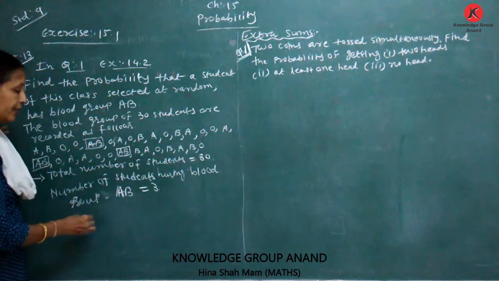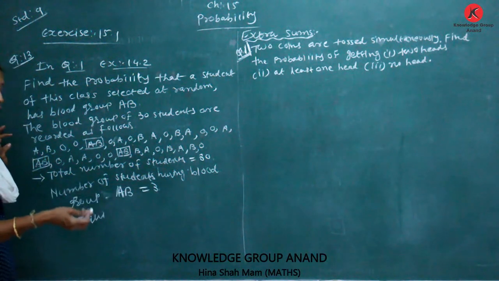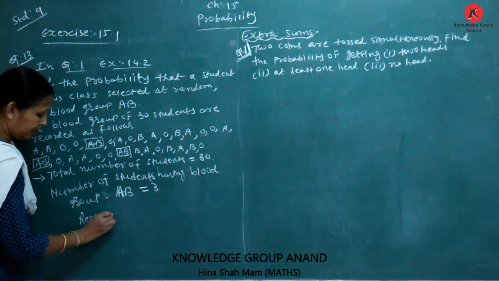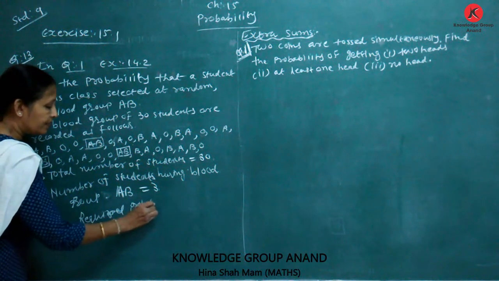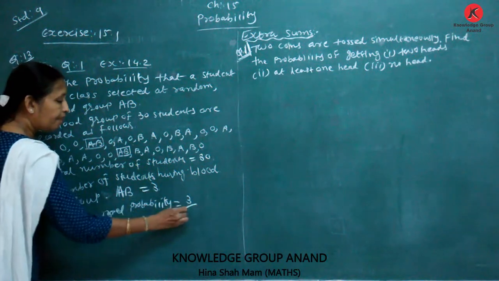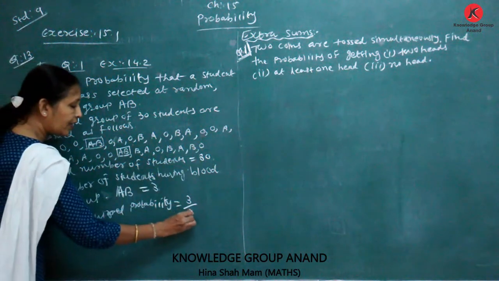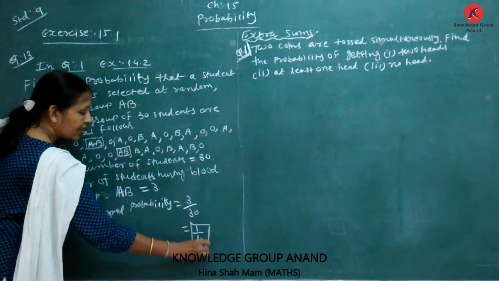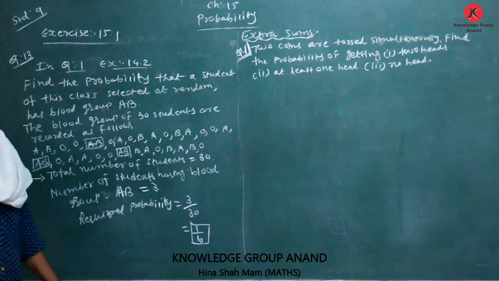Then the required probability, the probability of students having blood group AB, is equal to 3 by total number of students, which is 30, that is 1 upon 10. 3 ones are 3, 3 tens are 30, equal to 1 upon 10.